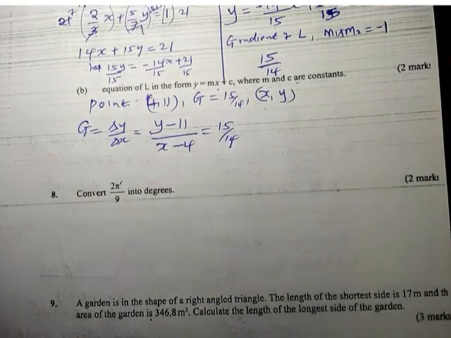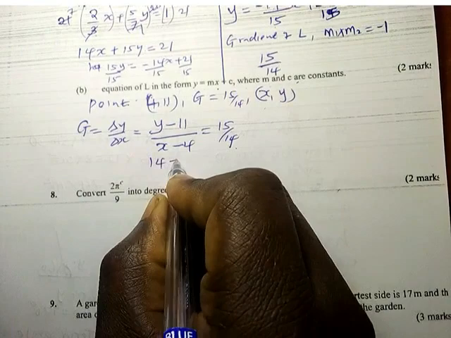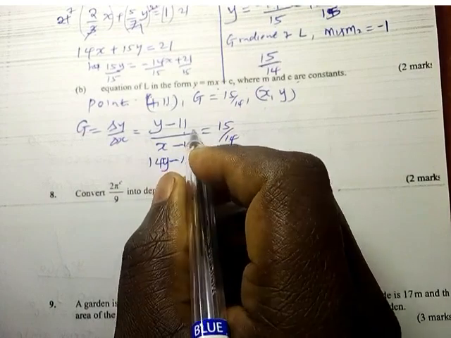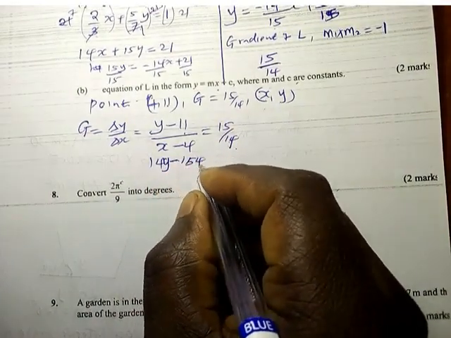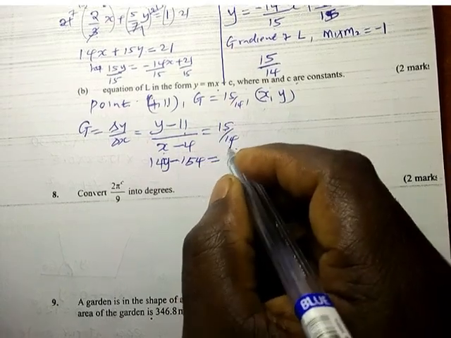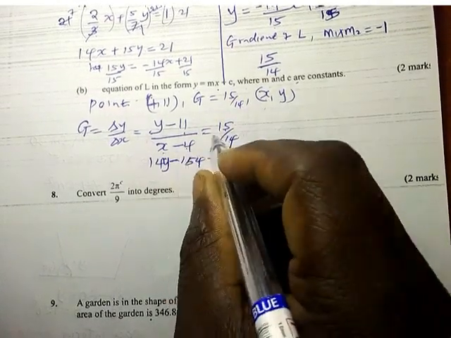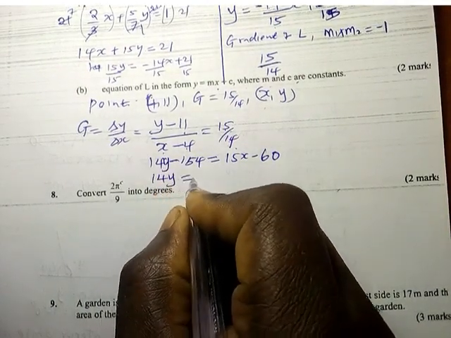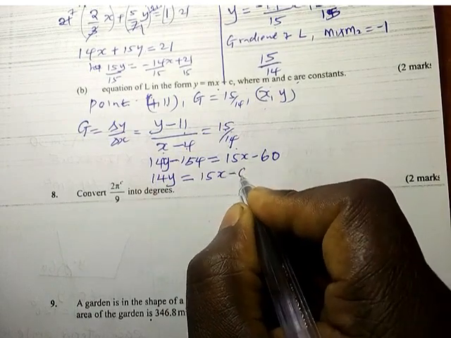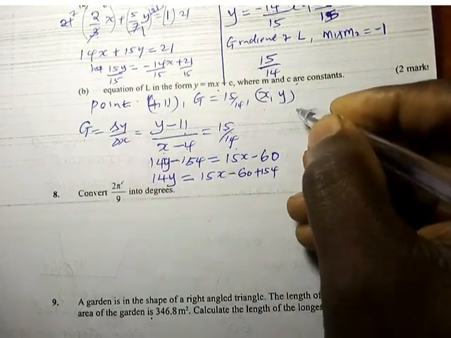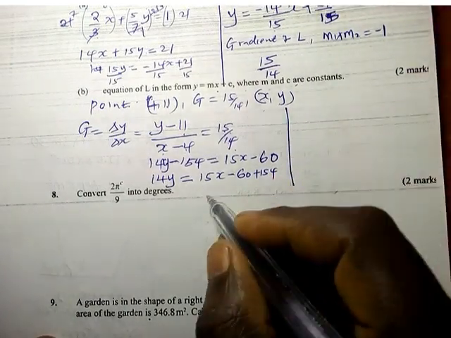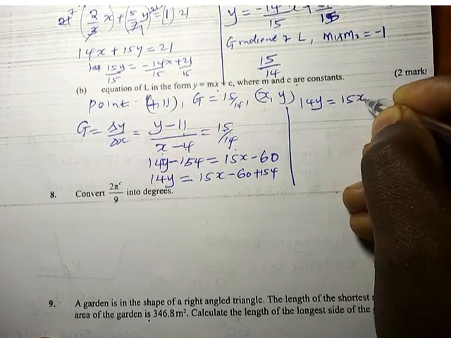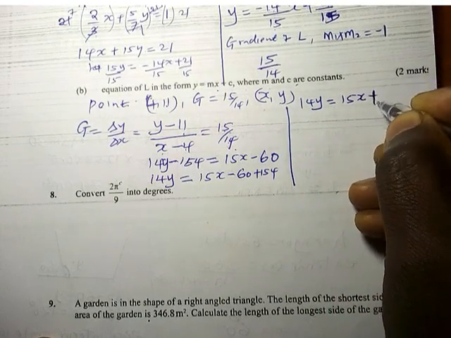That is the gradient. So cross multiply, we have 14y minus 14 times 11, which is 154, equal to 15 times that, 15x minus 60. So 14y equals 15x minus 60 plus 154, so 14y equals 15x plus 94.